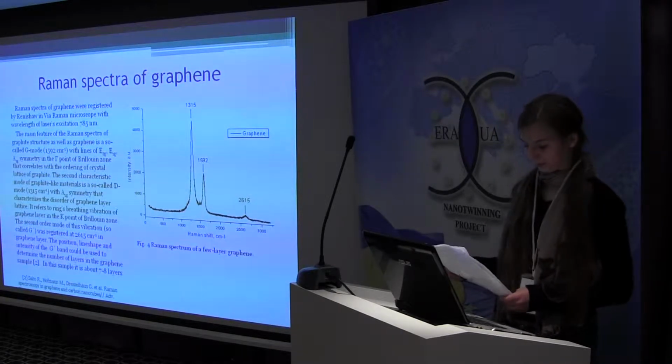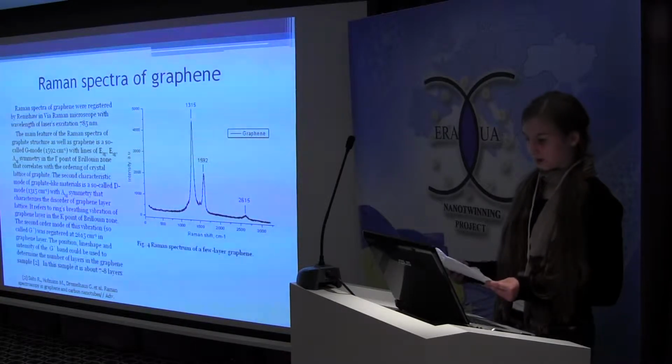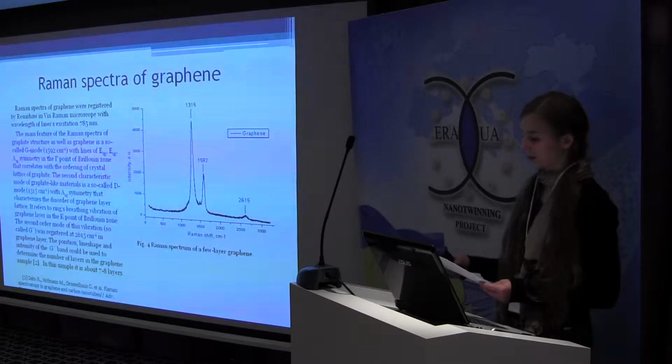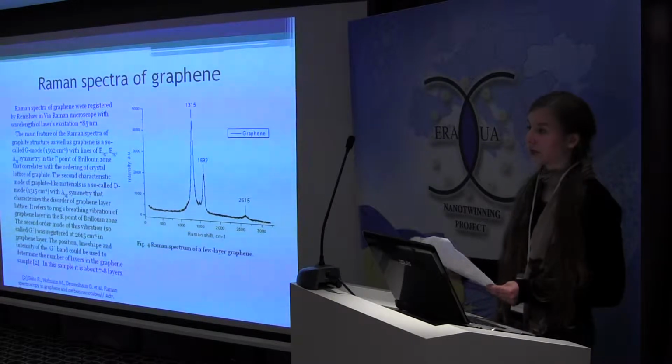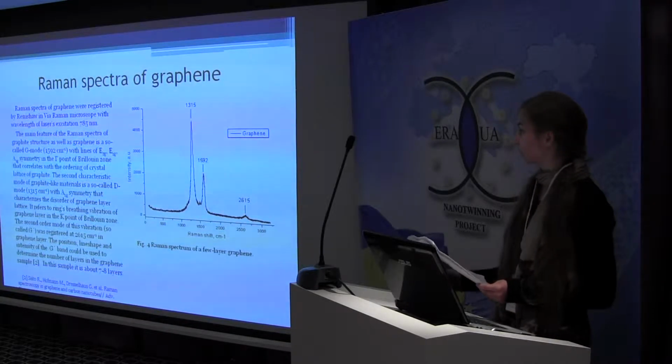Raman spectra of graphene. For characterization of graphene, the most useful and informative technique is Raman spectroscopy. Any carbon material, nanotubes, graphite, fullerenes, nanowires, or graphene can be effectively characterized by this method.